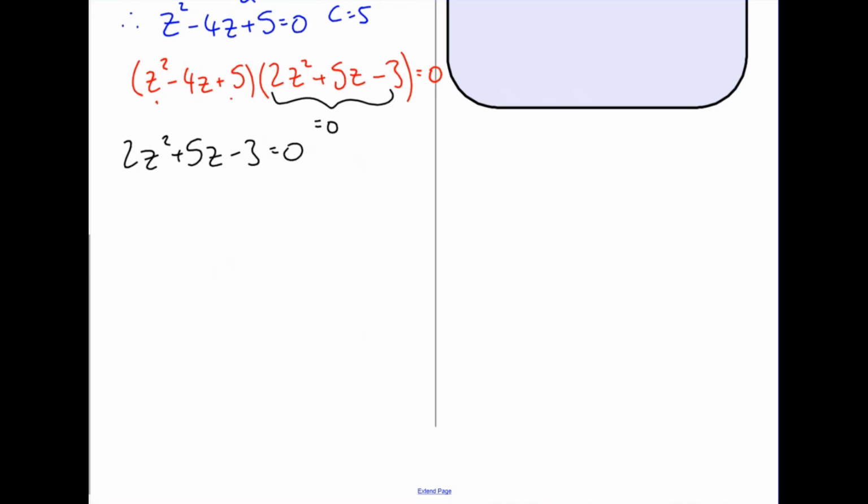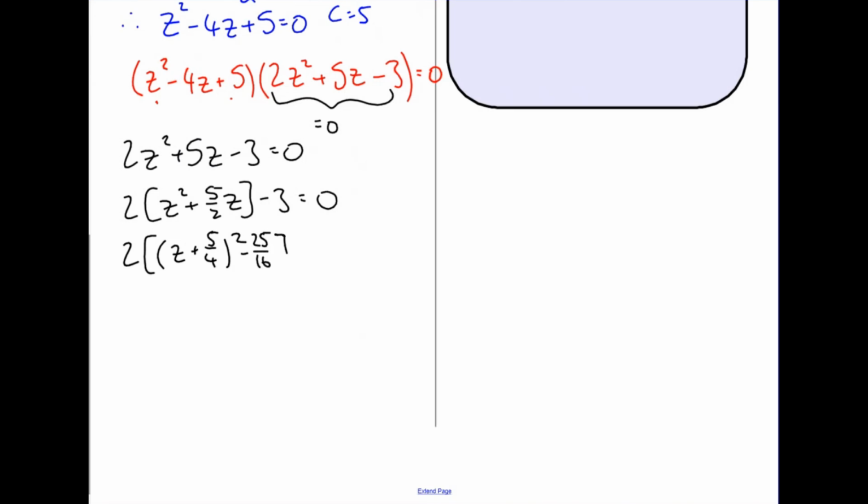So I'm going to complete the square on this one just to get a bit of practice. Take out the 2. I'm going to add the 3 across. Now let's complete the square first. So we've got z plus 5 over 4 squared minus 25 over 16 minus 3 equals 0.